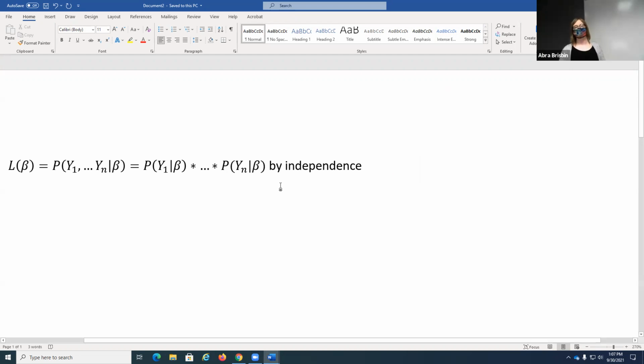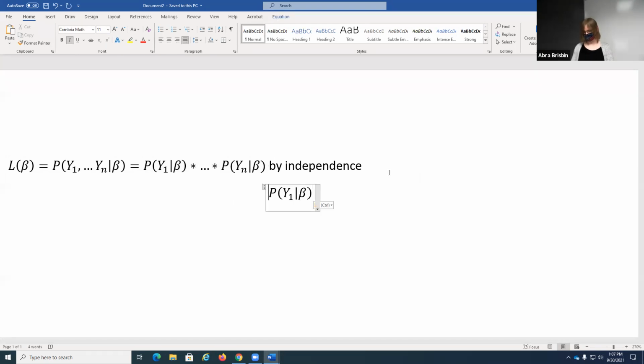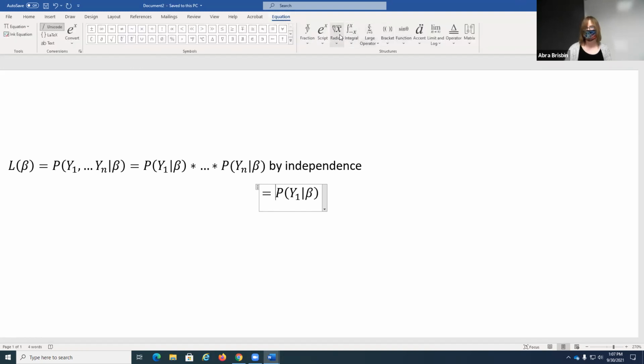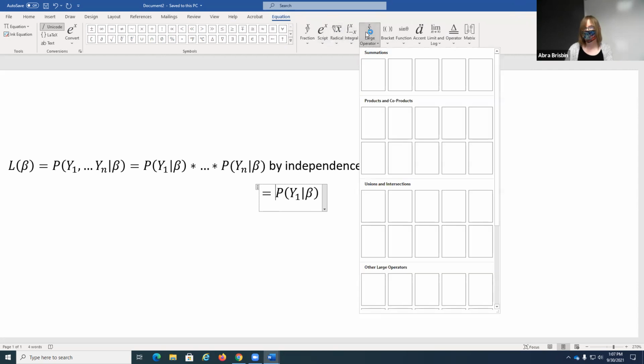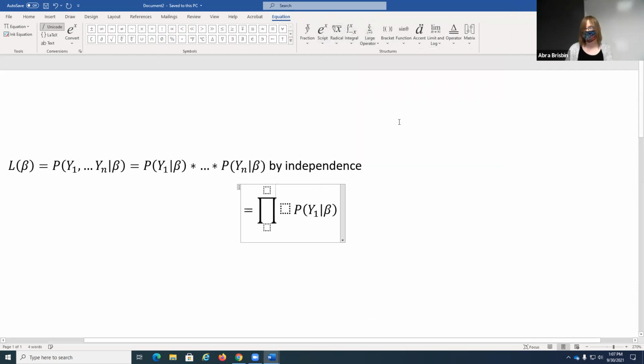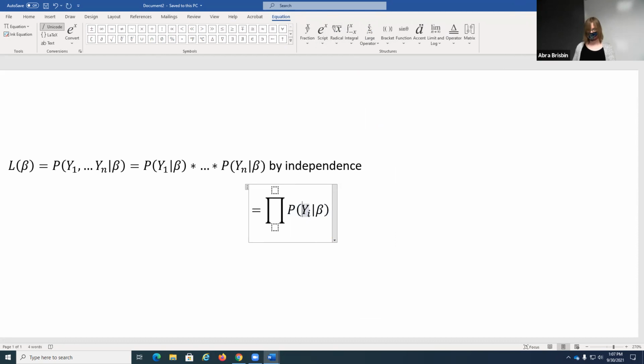And we saw yesterday that a more concise way of writing this product of probabilities is a repeated product using pi notation. So this is the same thing as sigma notation, but for multiplication instead of addition.